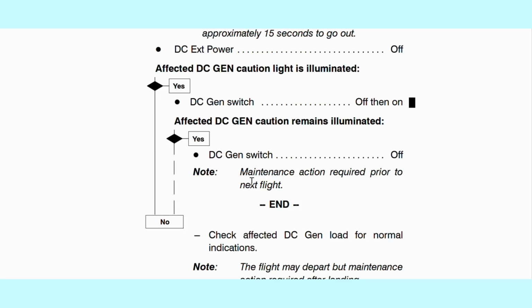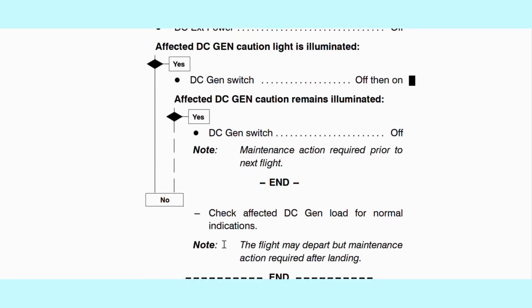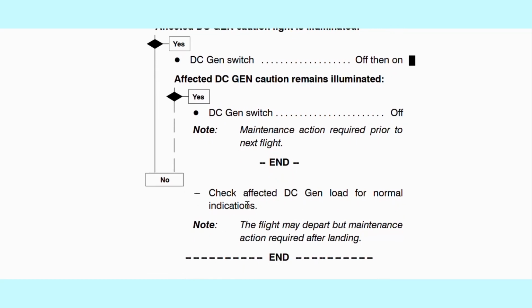Okay, and if the affected DC gen quotient light did not illuminate after the action you completed on top here, then you check for the affected DC gen load for normal indications. Now the flight may depart, but maintenance action required after landing. So now you've got to be very careful.